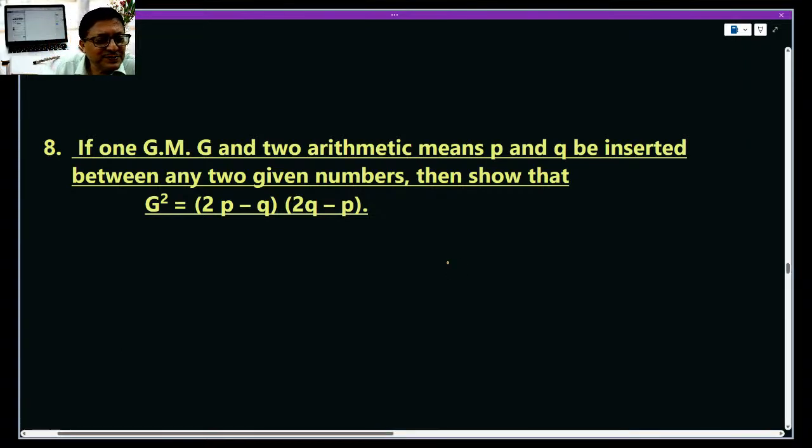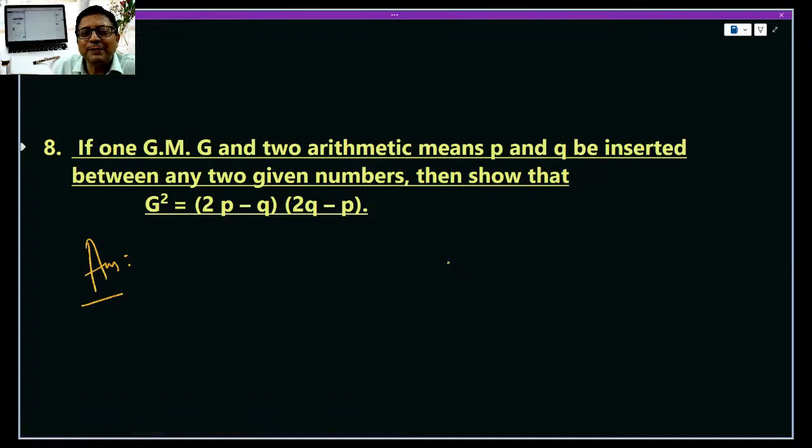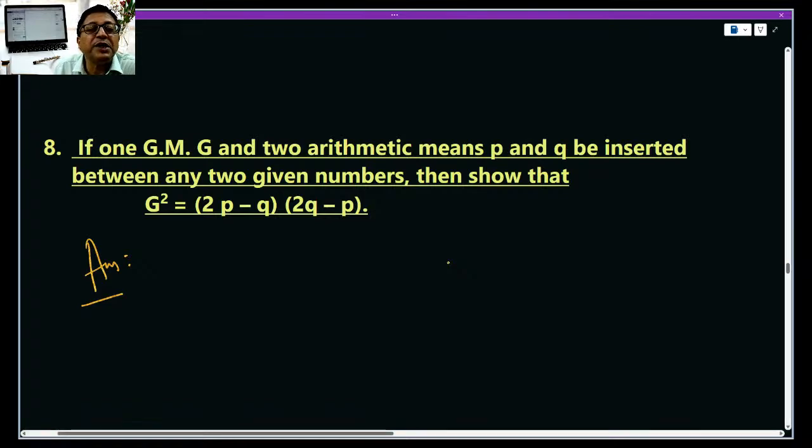See, I am doing it. What are those numbers? Not given. And in the condition they have asked you to prove, you can see that those two terms are not there. Only this single mean and those two means are there. Okay? So let us start in this manner.